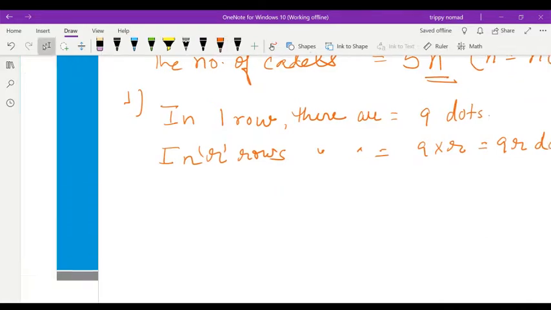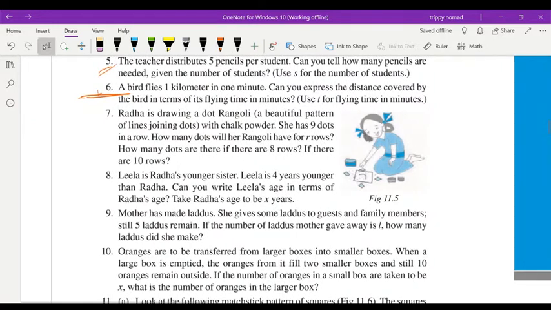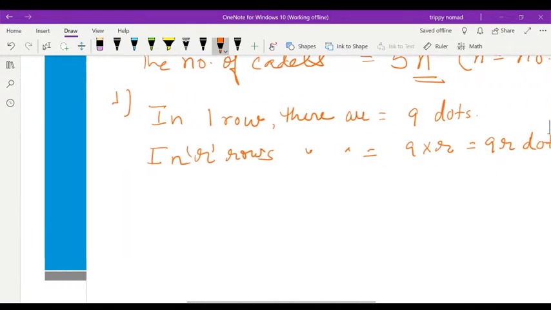Okay, children. Now, how many dots are there if there are 8 rows? In 8 rows there are 9 into 8, 72.